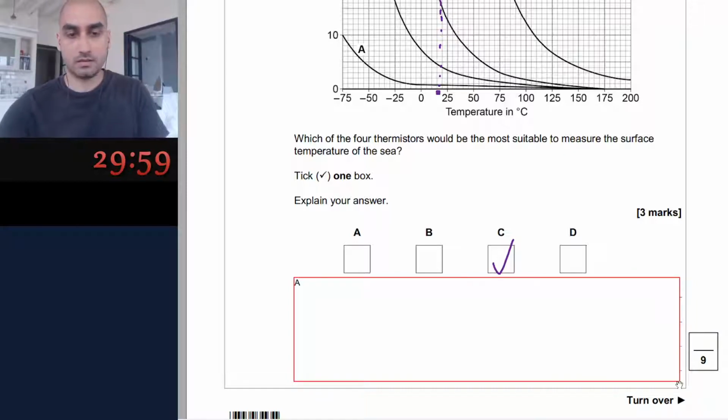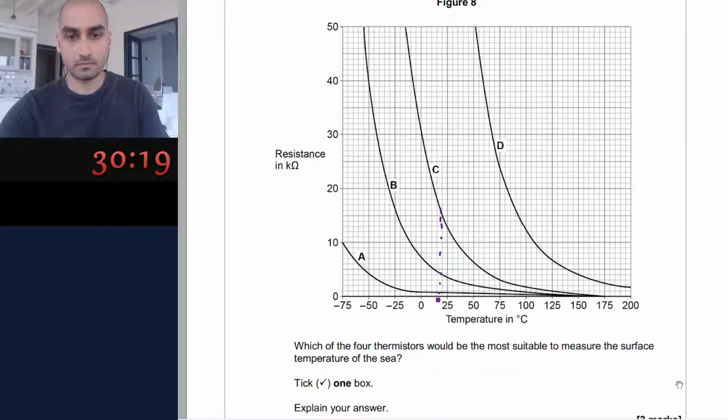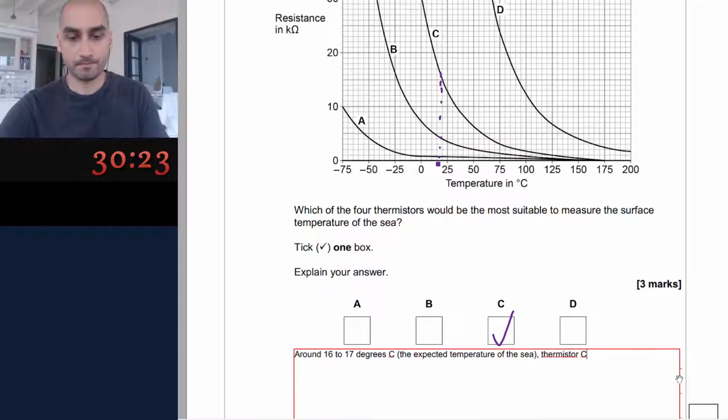Okay. Around 16 to 17 degrees C, the expected temperature of the sea, thermistor C has the steepest gradient, so would be most sensitive to slight changes in temperature that can be recorded.